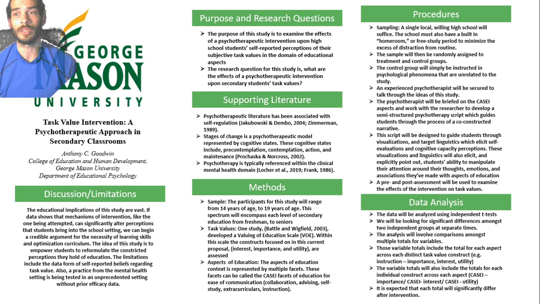But anyways, the psychotherapeutic intervention will be doctored by the psychotherapist, who I will talk with about these task value ideas and the KC aspects. The KC aspects quickly are collaboration, advising, self-study, extracurriculars, and instruction. So how value is being assessed through those is students' perceptions of value of collaboration, students' perceptions of value for advising, right?